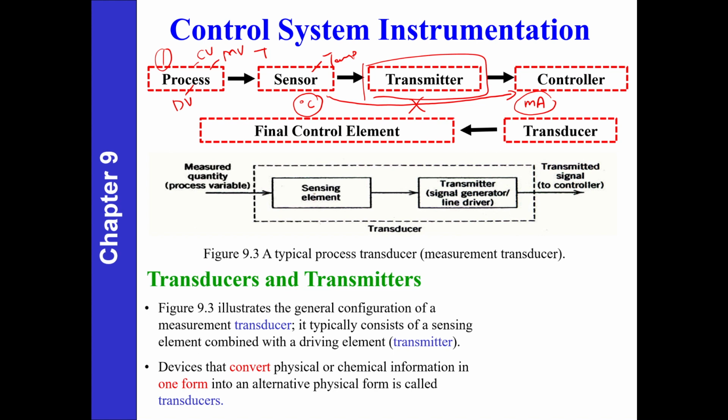And then from the controller to the final control element, you need another device named a transducer. This transducer will convert the value of the output from the controller and give it to the final control element.